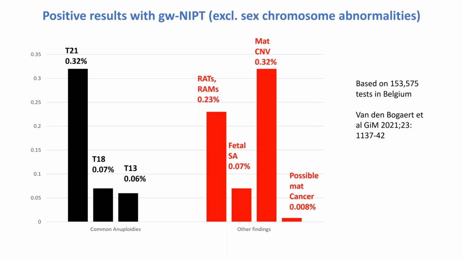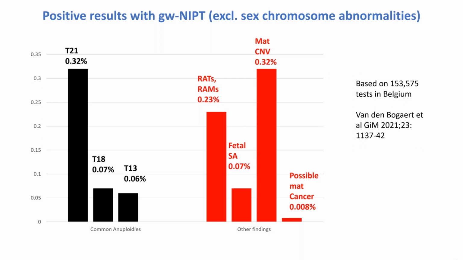If you decide you're going to do a genome-wide NIPT, you're going to pick up these additional things that are in red on this slide. You're going to pick up rare autosomal trisomies and monosomies, and that's going to constitute about 0.23% of your tests. You're going to pick up some fetal structural abnormalities, so chromosome imbalances in the fetus, and quite a lot of maternal chromosome abnormalities, copy number variants, about 0.32% of those.